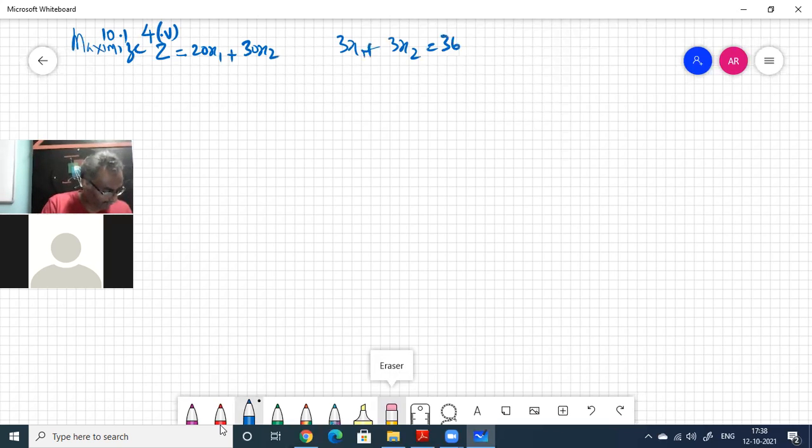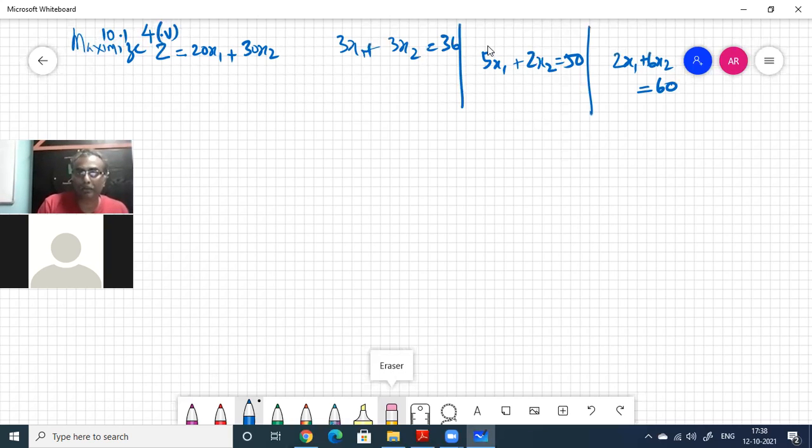Second constraint is 5x1 plus 2x2 is equal to 50. Third constraint is 2x1 plus 6x2 is equal to 60. Okay, we'll take it like that.